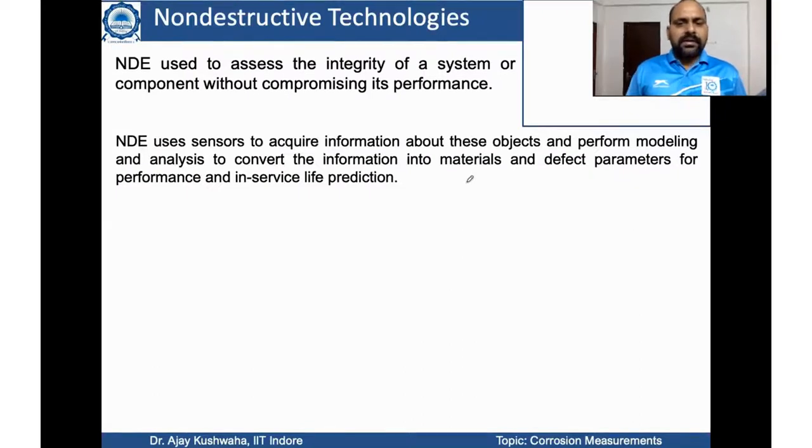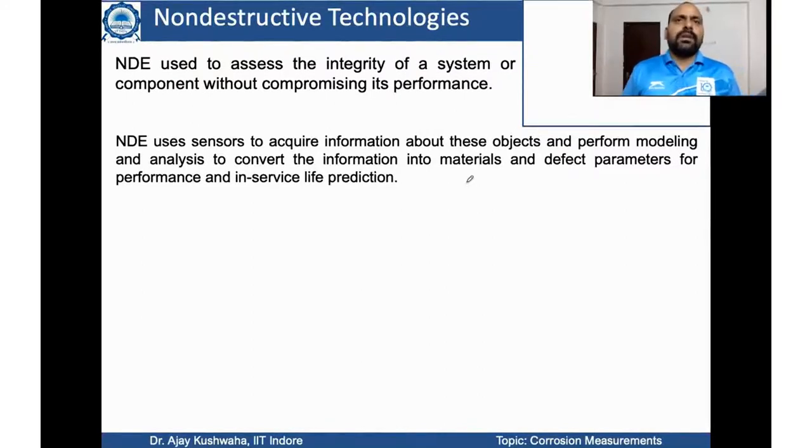And here the things are a little bit different. We use a variety of sensors, and then whatever data we get from the sensors, that data needs to be analyzed. For data analysis, maybe we need to do modeling, convert this information, and compare it with what kind of material is there, what the material synthesis was, and what technique was adopted in the material design.